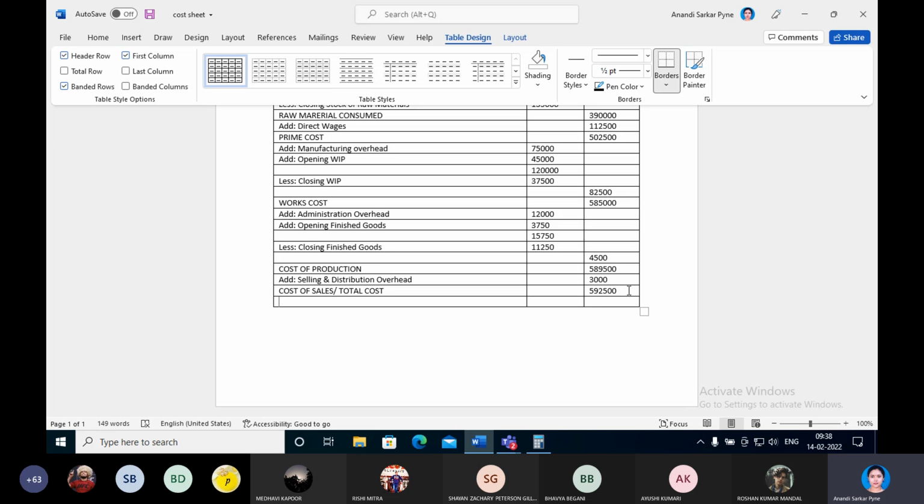You do not have the profit figure, but you have the sales. The profit will be the balancing figure because we have the total sales. How much is the sales?